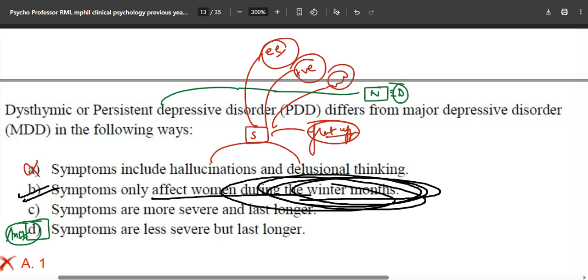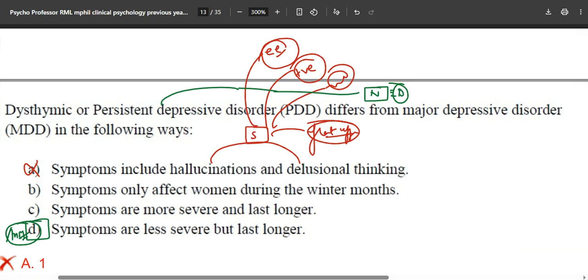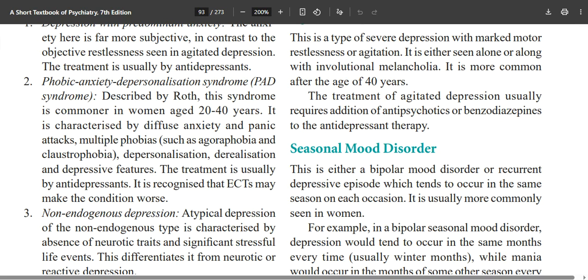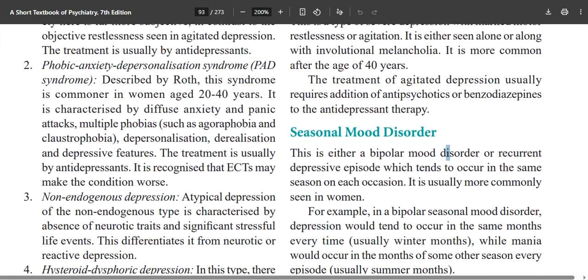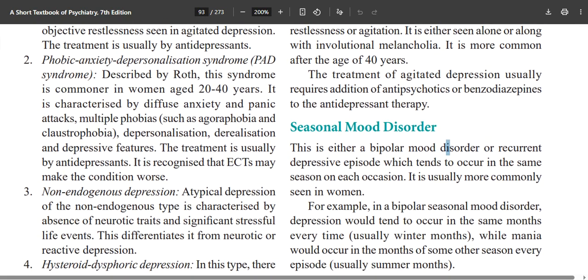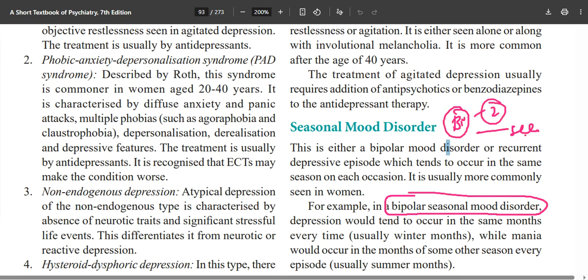No, we are not talking about the depression. We are talking about the mood disorder. Why so? You can read. For example, in a bipolar seasonal mood disorder, depression would tend to occur in the same months every time, usually winter months. Very interesting. Bipolar means having two poles. It is having season also and mood.